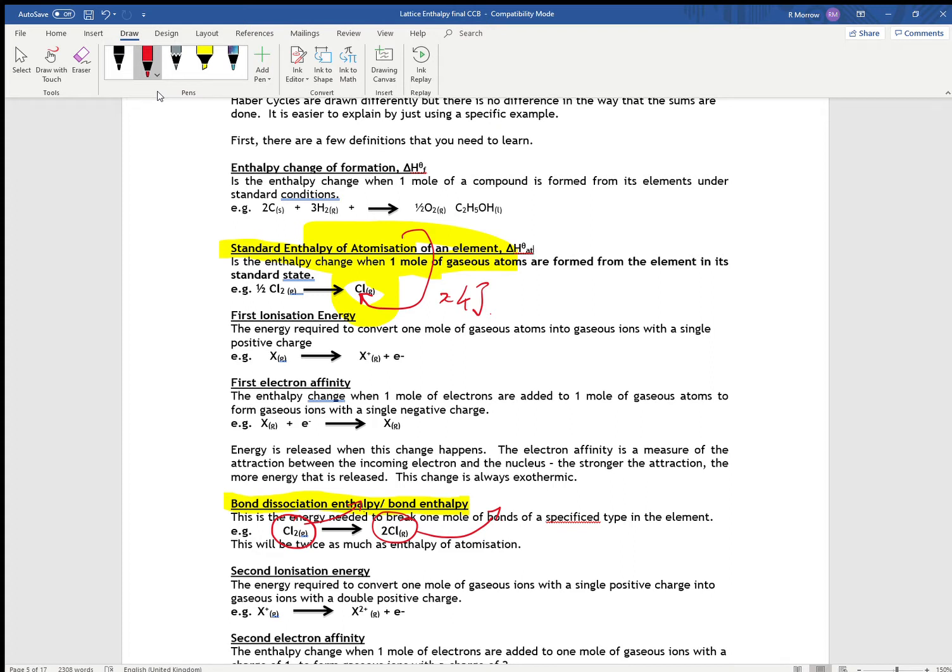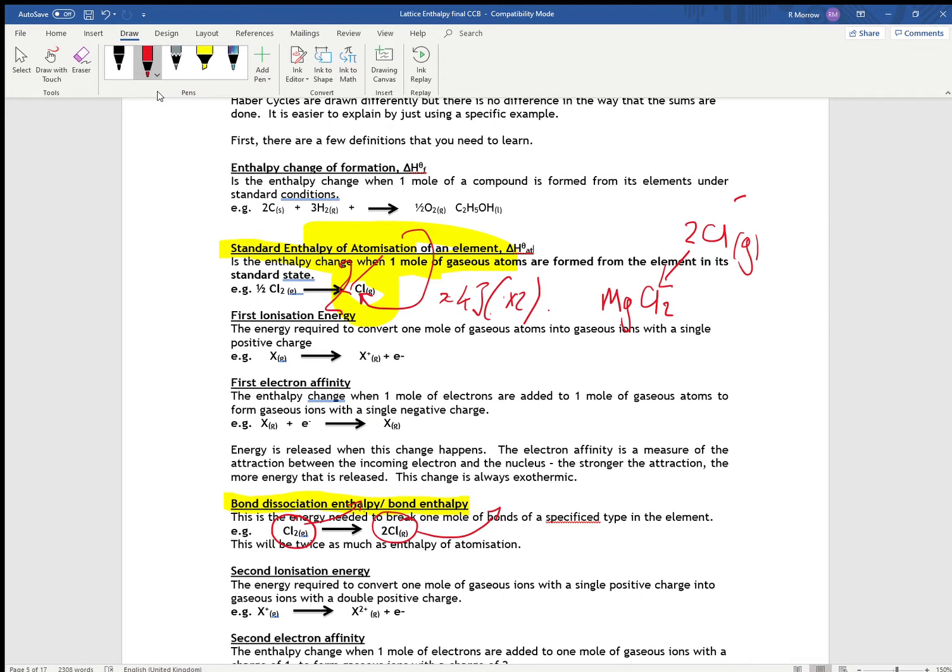So when we're writing our Hess's law cycles, let's say it's for something like magnesium chloride. Magnesium chloride requires 2 gaseous chloride ions in order to go through that Born-Haber cycle. So if the data in the question gives you the enthalpy of atomization of chlorine, you would have to take that, if it's X kilojoules, and multiply it by 2 because you would need 2 gaseous moles of chlorine atoms.